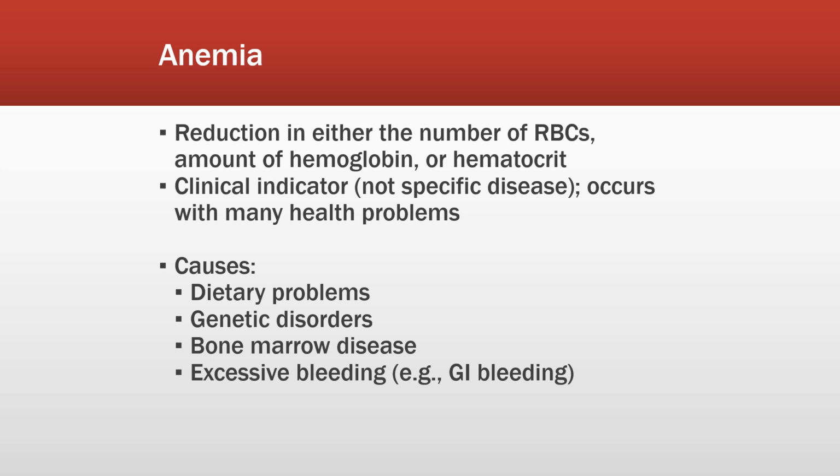Now, causes: there are dietary problems, and this relates to iron deficiency, vitamin B12 deficiency, and folate, some genetic disorders, some bone marrow disease, and excessive bleeding. And so we're going to look at these individually.